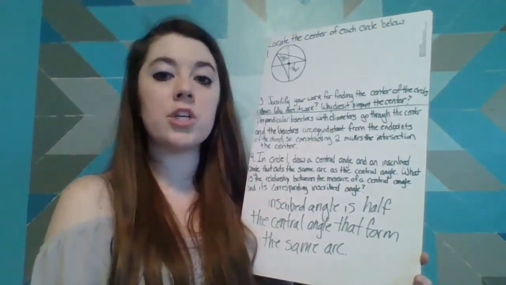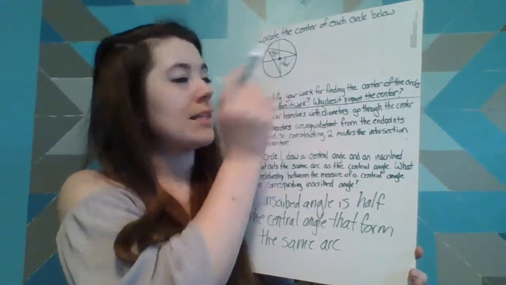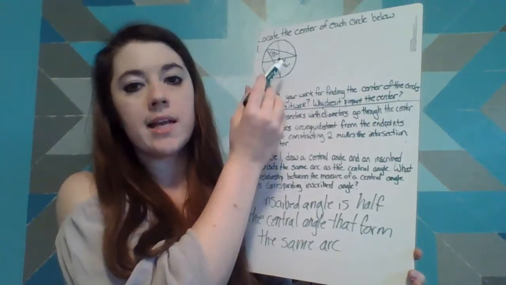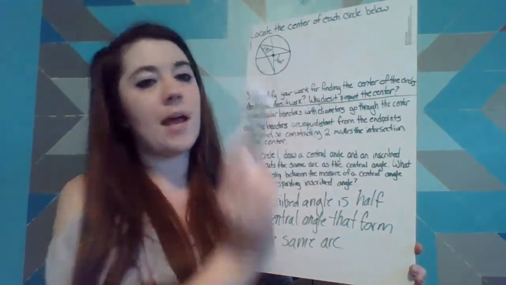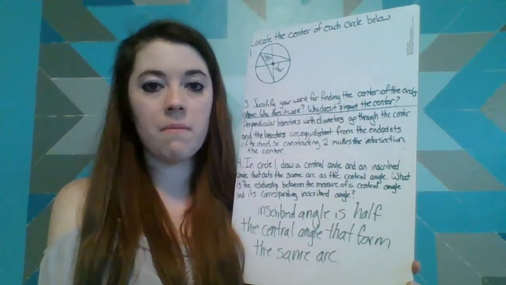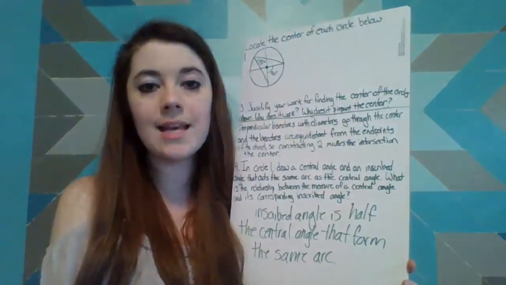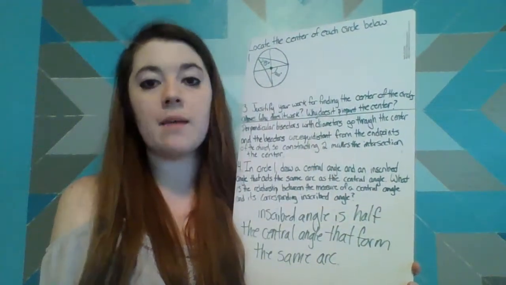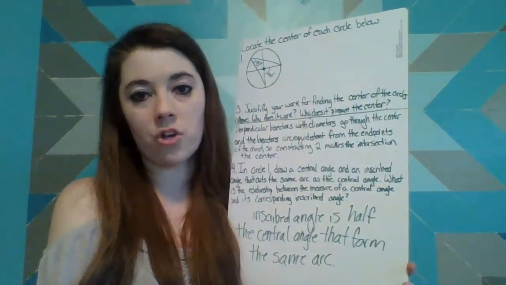So that's the relationship. So this arc here is 90 degrees, the central angle is 90 degrees, and the inscribed angle is 45 degrees. So the inscribed angle will always be half of whatever the arc is, and the arc and the central angle are the same, so that means it's also half of the central angle.